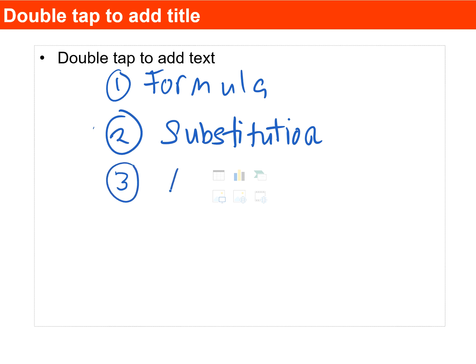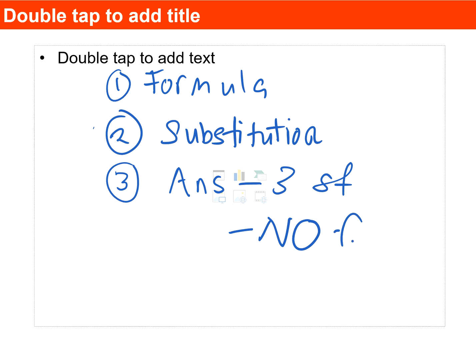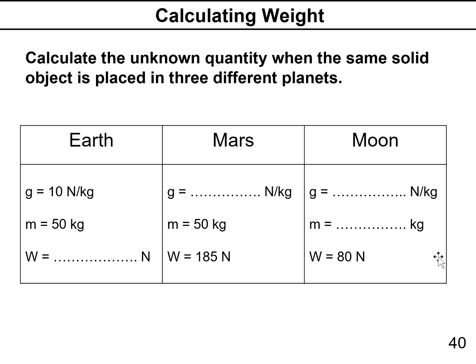And then you give your final answer to 3 significant figures. Please, there should be no fraction. You are not allowed to give your answer in fraction. Bear this in mind. This could be slightly different from math, but in physics, an answer in fraction is not acceptable.